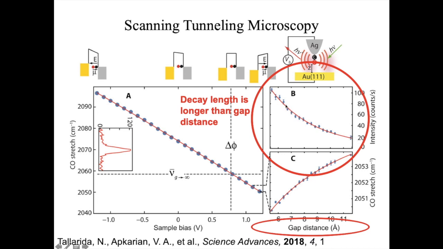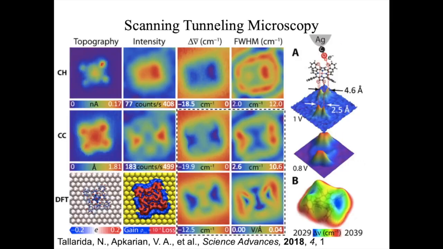And by the time you get really close, the intensity has not dropped to zero. So there is still a certain intensity of the amplitude of the wave, showing that there is an amplitude of the wave function as you get closer to the gold. So the decay length is longer than the gap distance, which allows this tunneling and current flow to be possible.